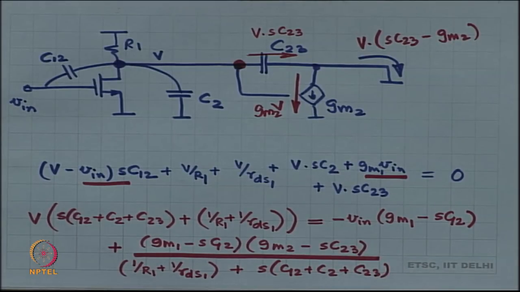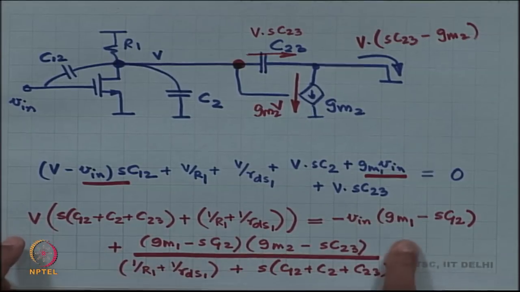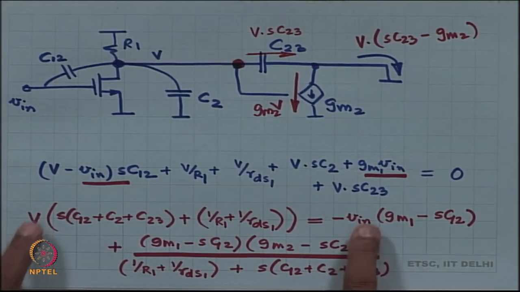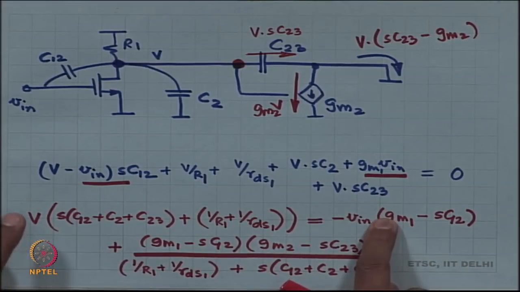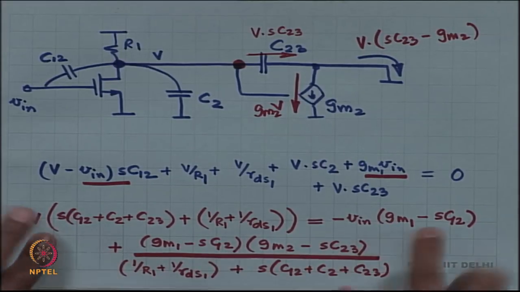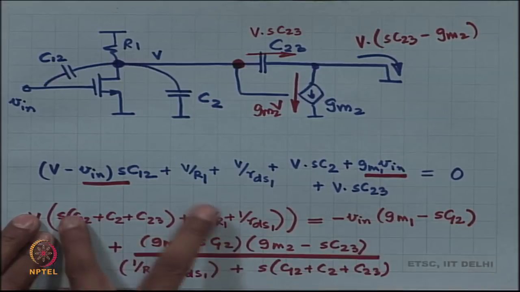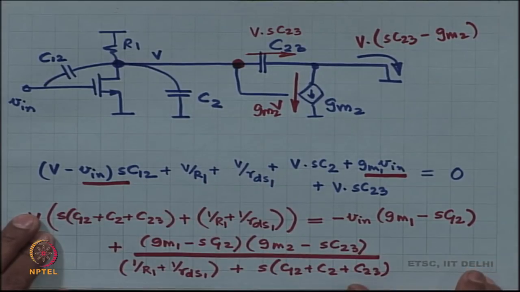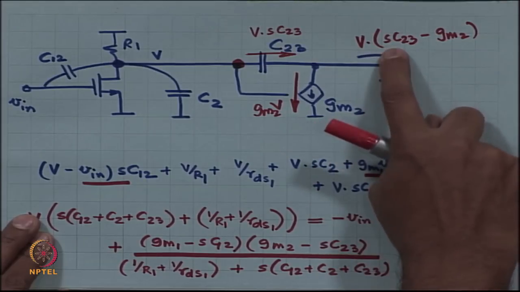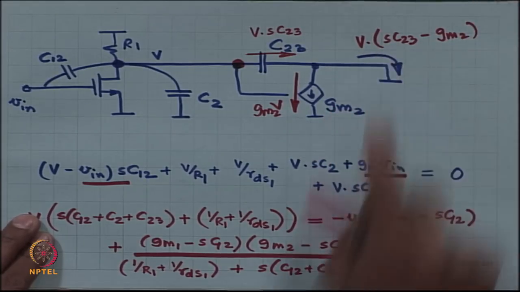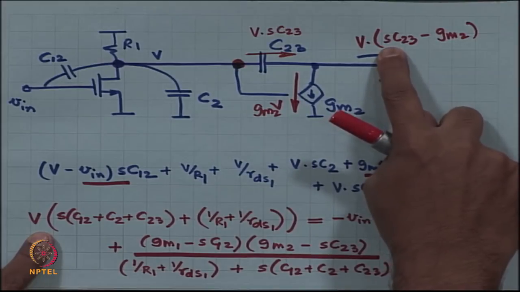So, this is the expression for the short circuit transconductance. What did I do? I did V by V in divided by V, I am sorry, I found out V in terms of V in. So, V by V in is GM1 minus SC12 divided by this, that was V by V in, but I wanted V times so much, right, that was the current.